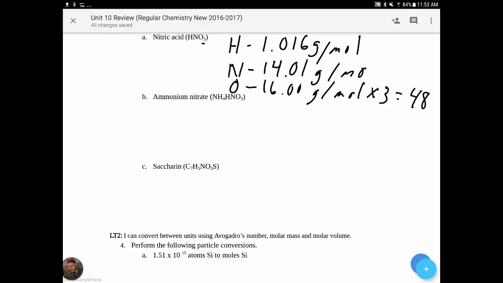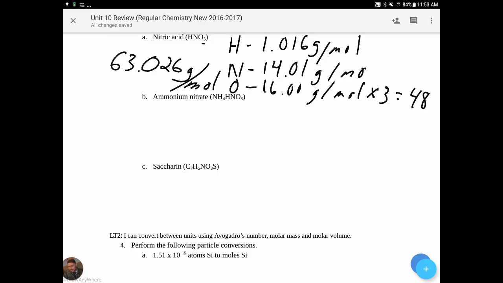So we take 48 plus 14.01 plus 1.016, and we get a total mass of 63.026 grams per mole. So what that means is we have 63.026 grams for every 1 mole of nitric acid.